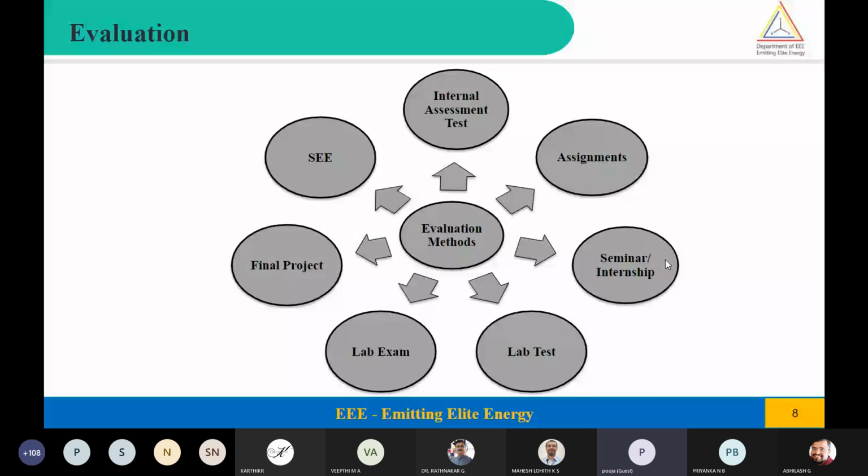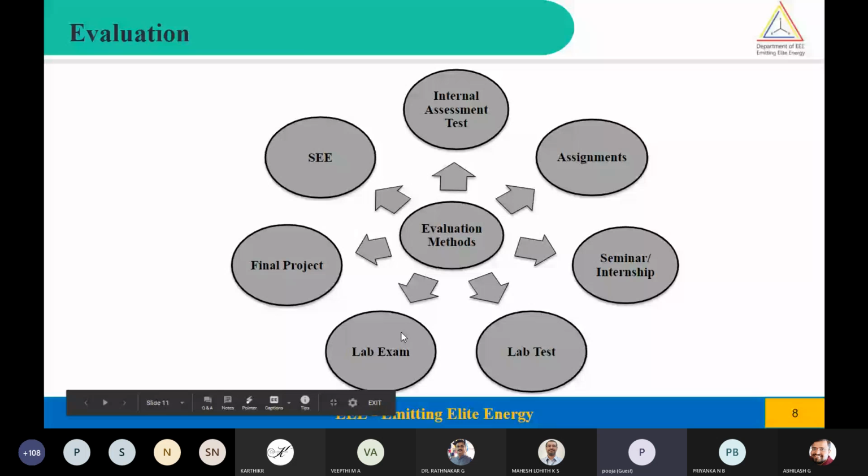We conduct about 3 tests in a semester, and we give assignments, and we also ask you to give a seminar after having done internships. Lab tests will be conducted, and the main exam will be conducted by the VTU. For theory, we call it a semester end exam, and the lab exam we conduct on campus. Of course, this comes under VTU, and there is also an exam on the final project.